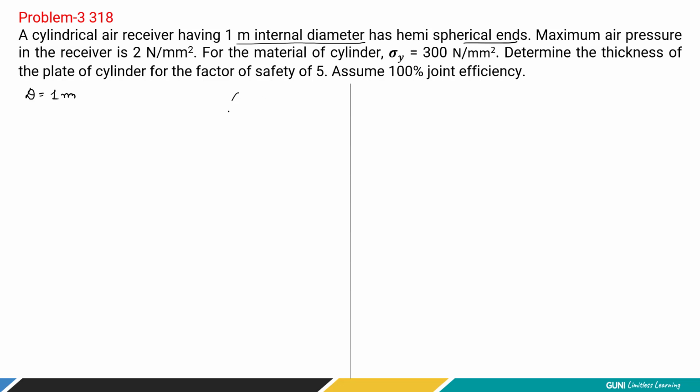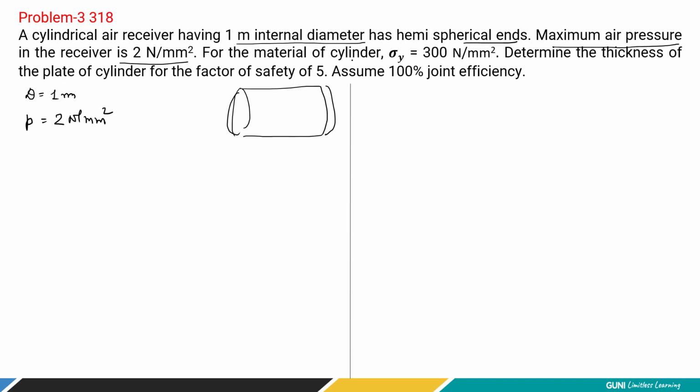So it is a cylindrical pressure vessel having hemispherical ends. The maximum air pressure in the receiver is 2 Newton per millimeter square. That is, P is equal to 2 Newton per millimeter square.